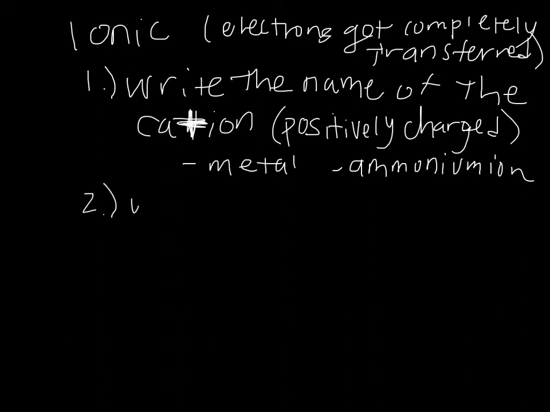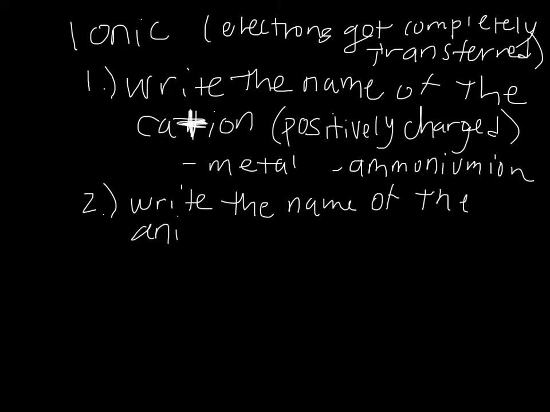Second, we're going to write the name of the anion, which remember is negatively charged. And then for our third step, if the metal ion, so if the cation can have more than one charge, we place a Roman numeral after its name.